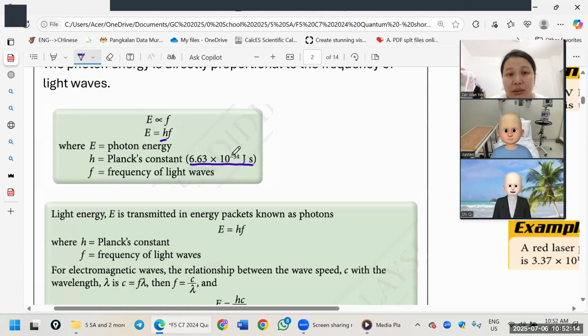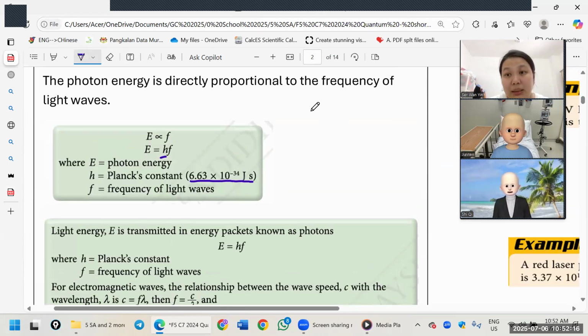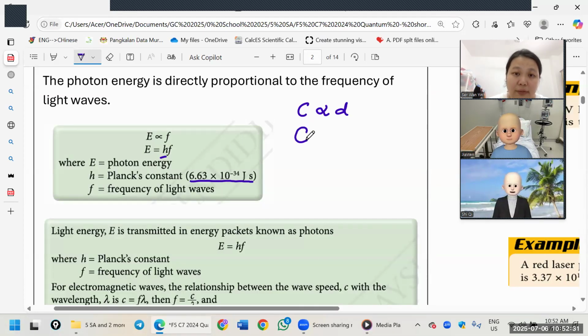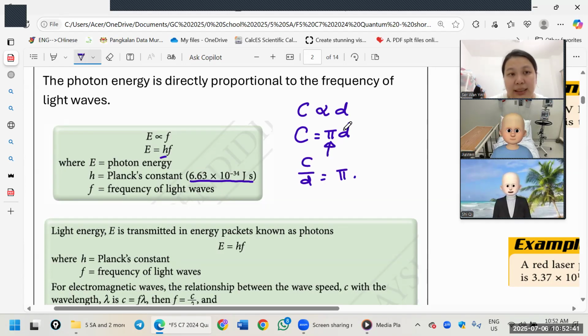It's like pi. The circumference of a circle is directly proportional to its diameter, so we say circumference equals pi d. The proportion is always pi, so C over D is pi.